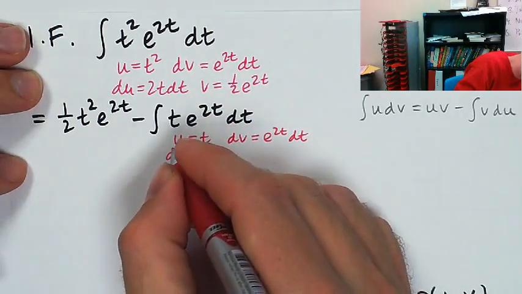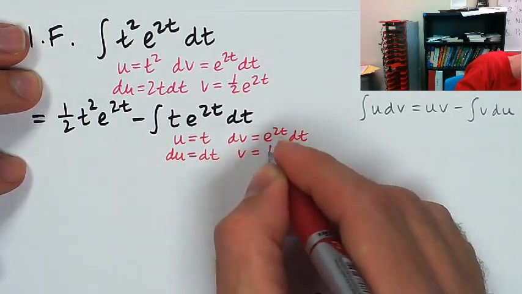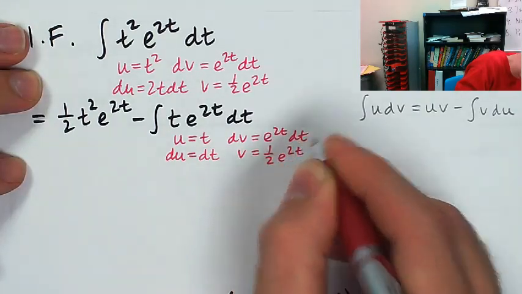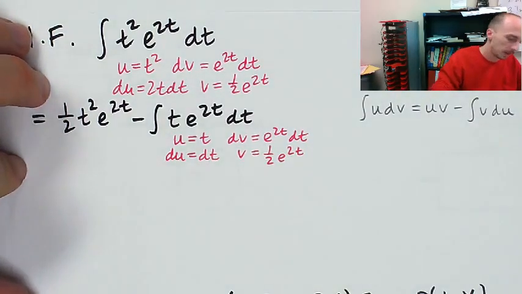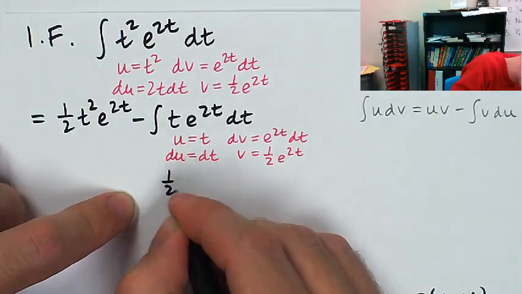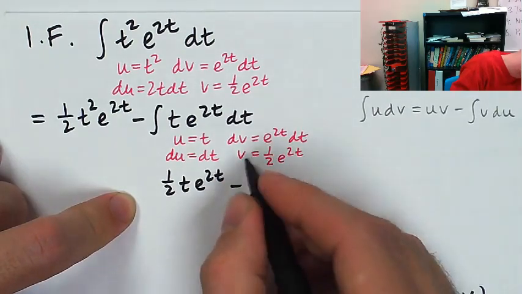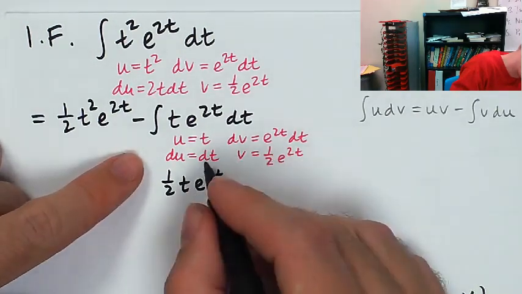And I'm going to take the derivative and the antiderivative. This integral is uv minus the antiderivative of v du.